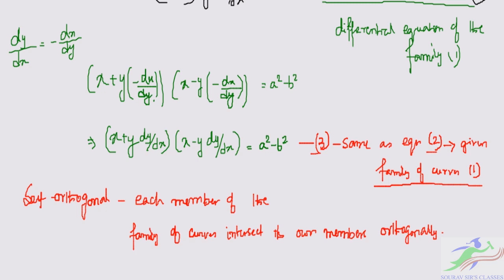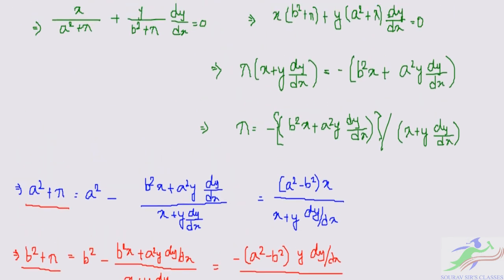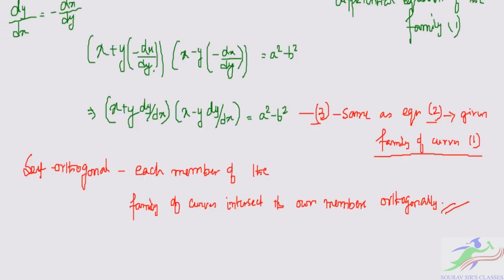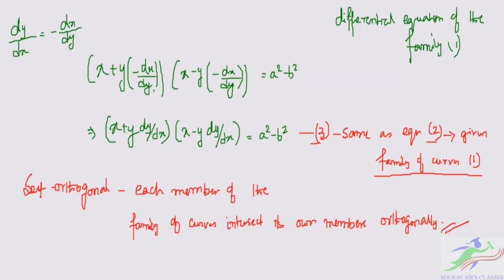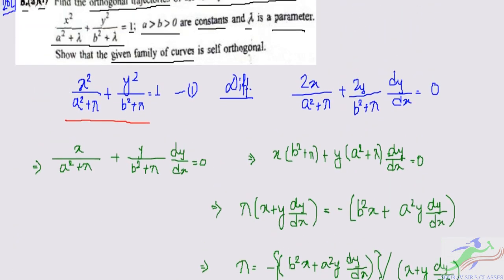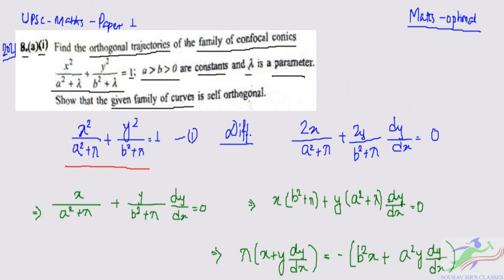So that is the answer for this question 8a part 1. We have found the orthogonal trajectories, and also proved that the given family of curves is self-orthogonal. In the next video we will solve part 2 of 8a. See you in the next video.